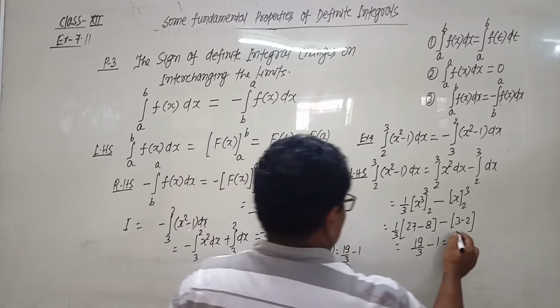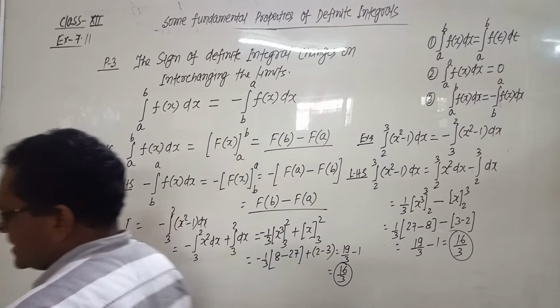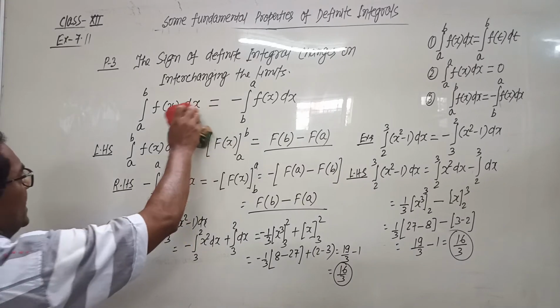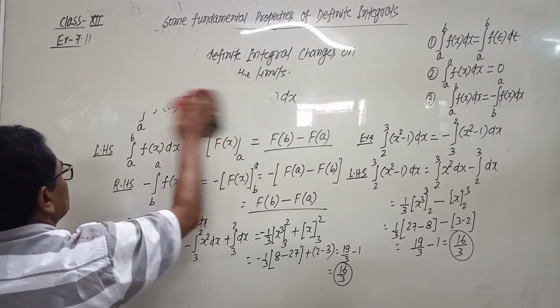So we get the same result. So this is the third property, that integral a to b f x dx is equal to minus integration b to a f x dx.